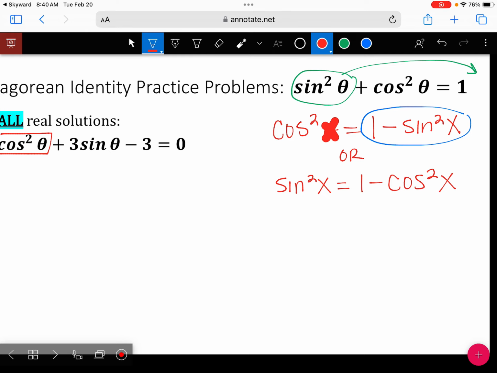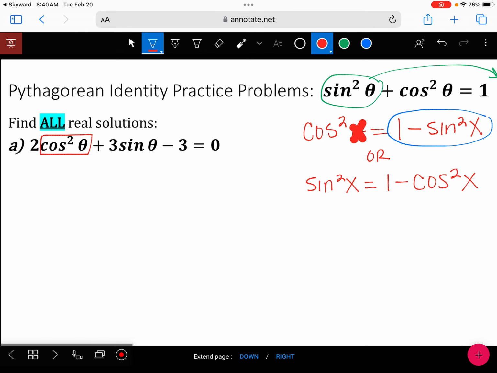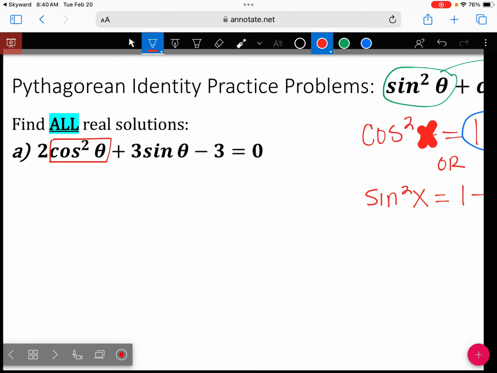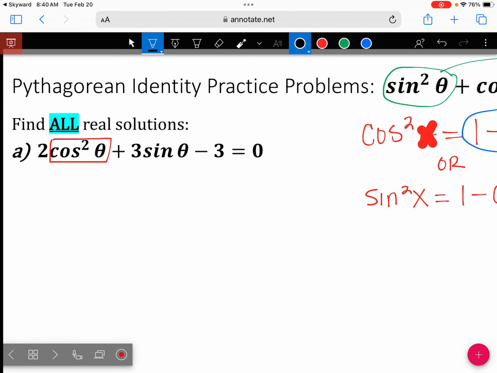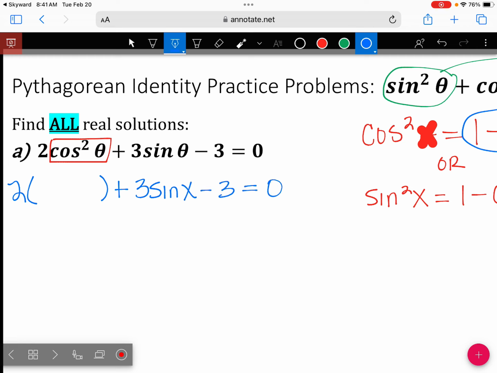All right, so what I'm going to do is rewrite this equation where it says 2 cosine. I'm going to put parentheses and then 3 sine x. I'm going to put an x though, because I don't want to do theta. And then inside of the parentheses, I'm going to do a substitution.